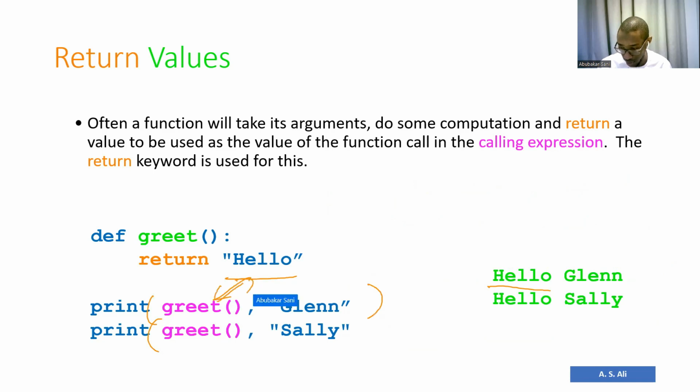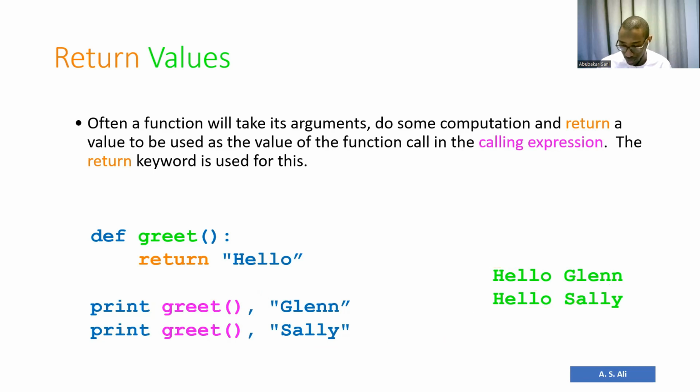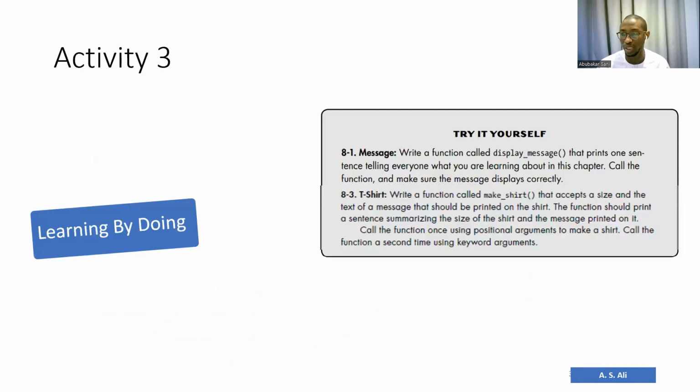That's why you see hello here, and then the name Glenn is going to be printed also. Then you do again return hello. So you have greet, which is hello, and you have Sally, which is printed. So this is one example which you can do with the return. Let me know if this is clear.